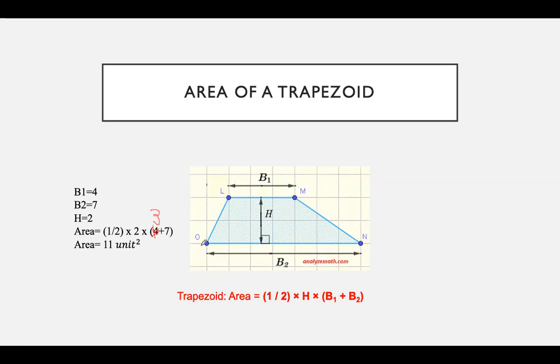And then our base 2 value is 1, 2, 3, 4, 5, 6, 7. So what's 3 plus 7? 3 plus 7 gives us a value of 10, times 2, right?